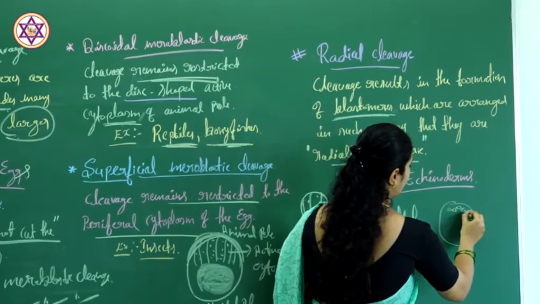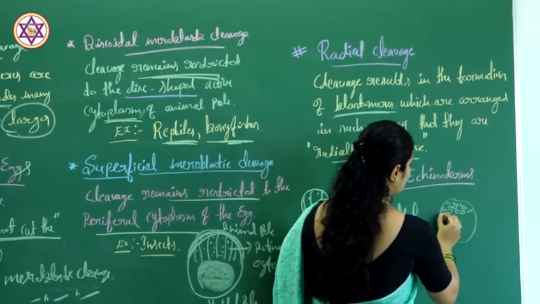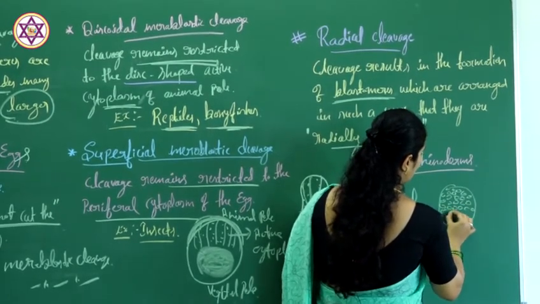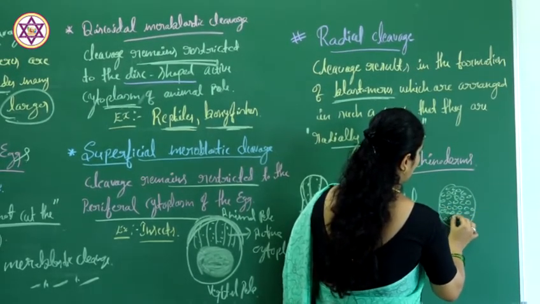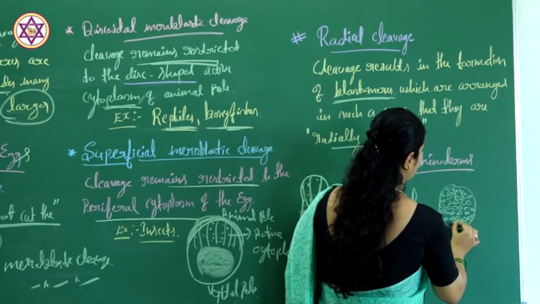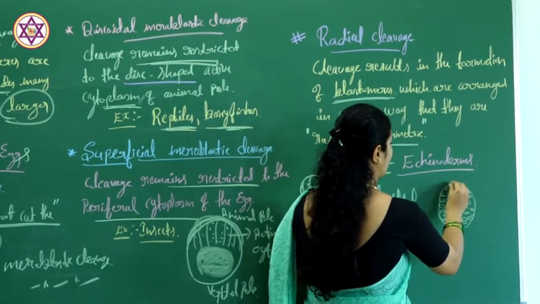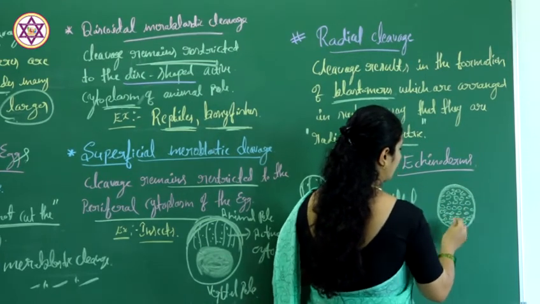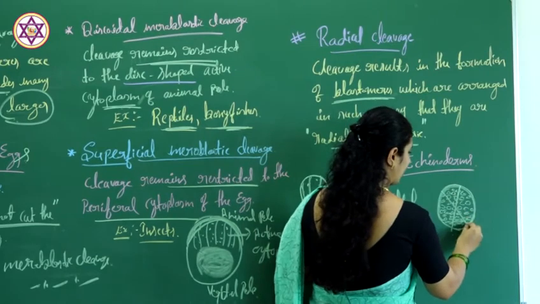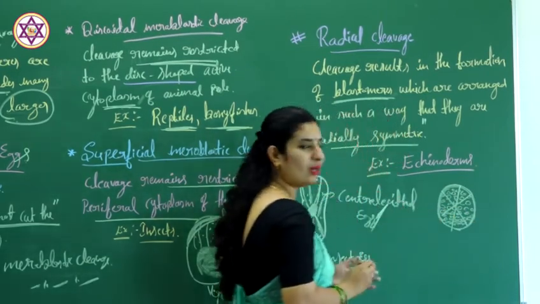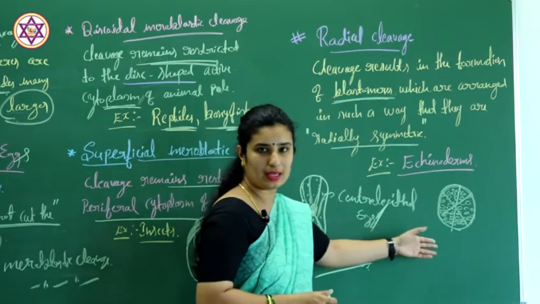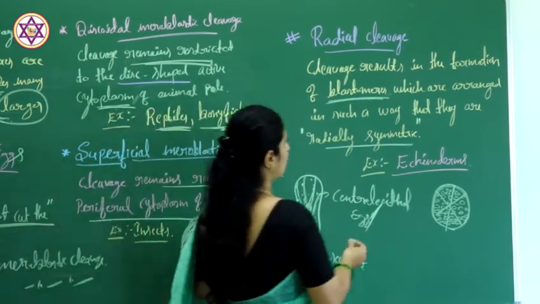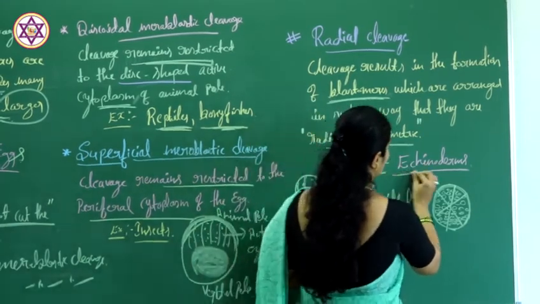Here we have the blastomeres present inside this. So it undergoes a radially symmetric cleavage. If you cut in any direction, you will get two equal halves of cells, blastomeres. Example for this radial cleavage is the echinoderms.